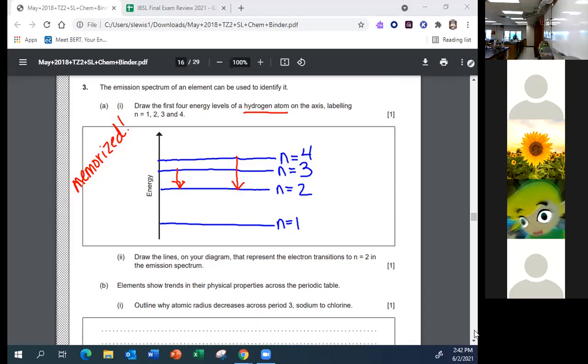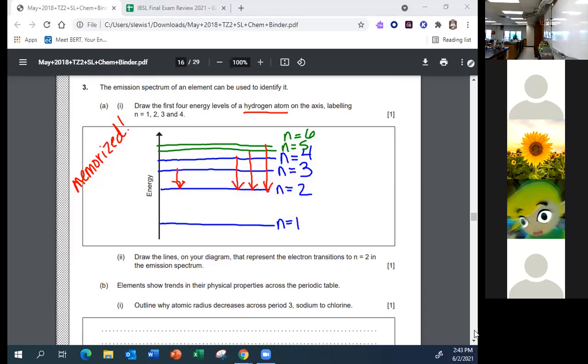If we had more energy levels available to us, I'm going to just sketch these in. It's not part of this question. Let's say this is N equals 5. All right, and N equals 6. We would have more transitions. We could go from 5 to 2, and we could go from 6 to 2. Do you see how the length of those lines are changing? Okay, so the greater the difference in energy level, the more energy is given off.